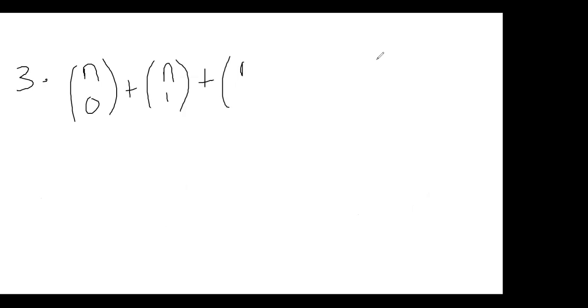You have n choose 0. Show that this is equal to 2 to the power n. So how did we handle this?